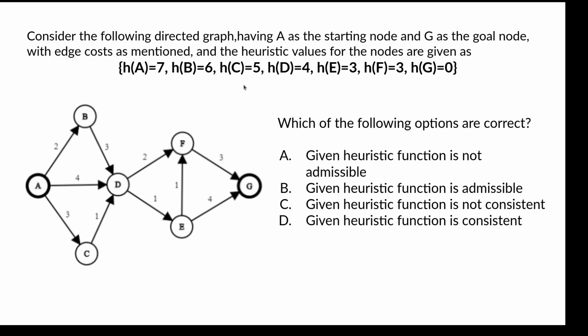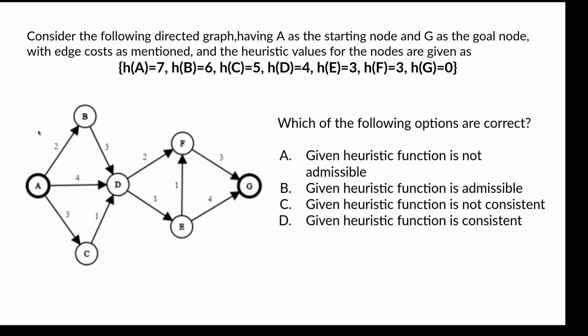Yes, so if you have to check a few options, how are you going to decide whether it's admissible or not? You just take the graph, it is saying A is the starting node and G is the goal node, fine. So we are starting from A and these are the heuristics given, correct?